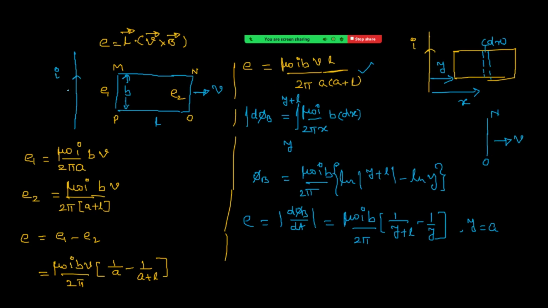The field, because of this wire, at any point to the right of this wire, is into the board. Now focus on the force acting on electrons. See carefully, we are focusing on the force acting on electrons. F = q(v × B).